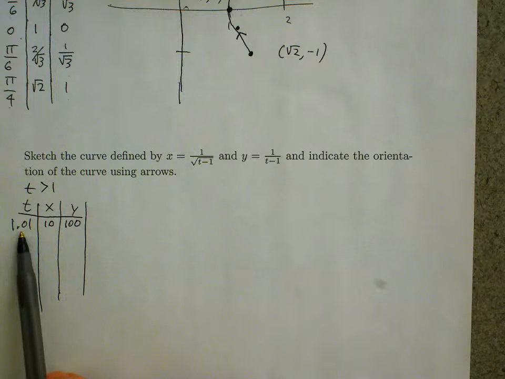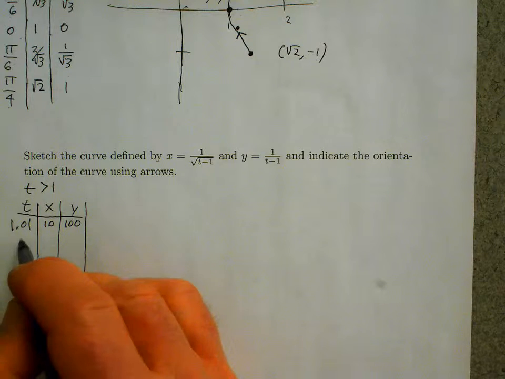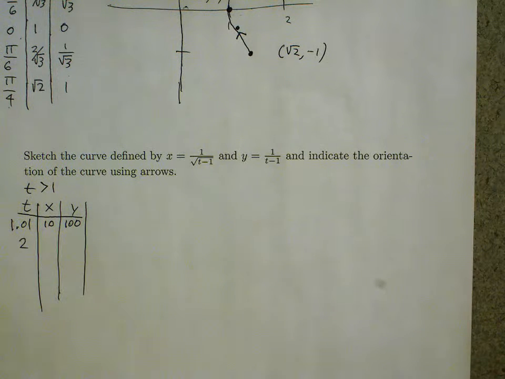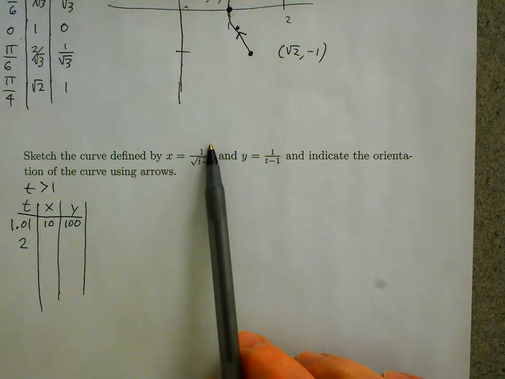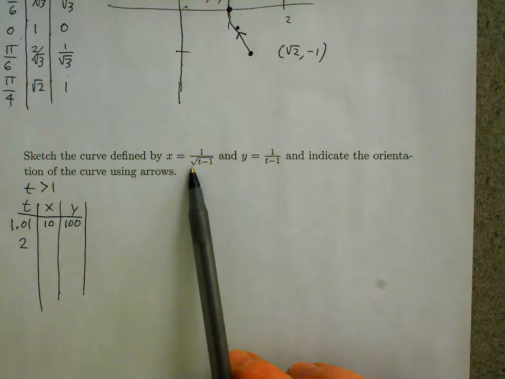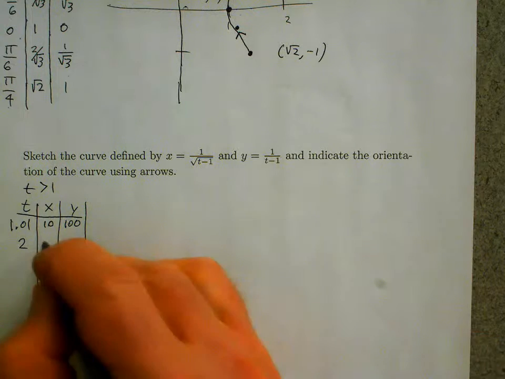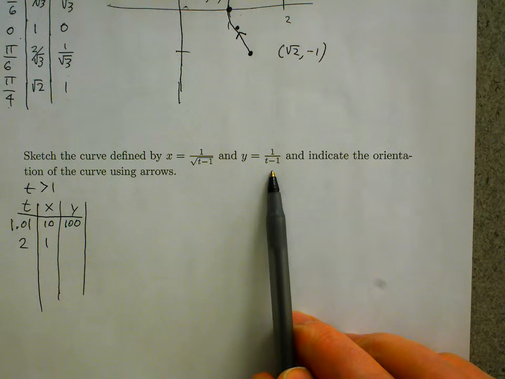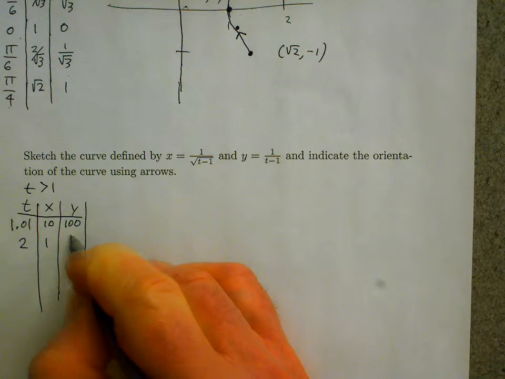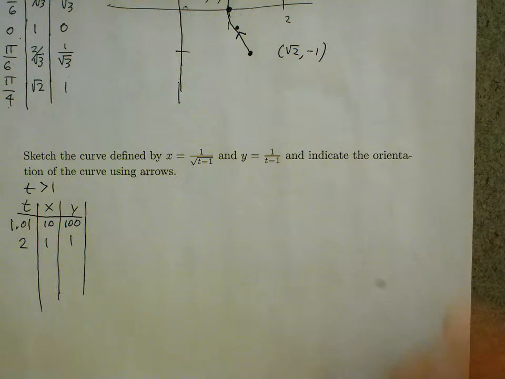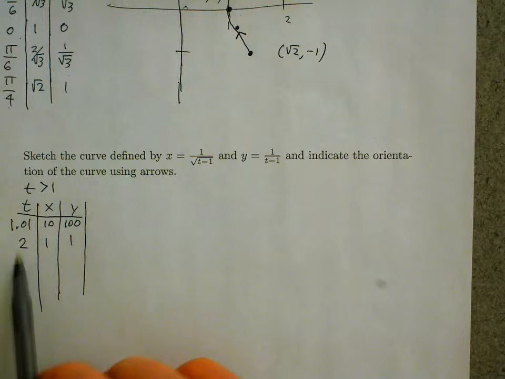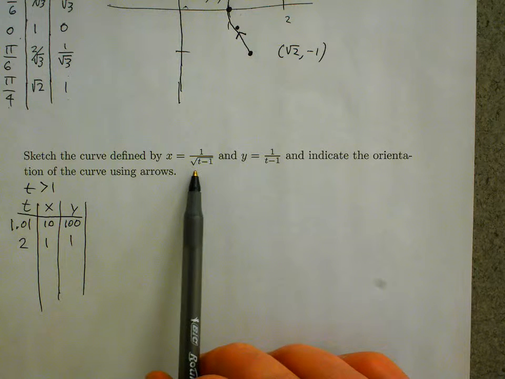Yeah, we can get closer to 1 than 1.01, but I'm going to pick larger values for t. Let's pick t to be 2. So the x coordinate is 1 over the square root of 2 minus 1, or 1 over the square root of 1, or 1. And the y coordinate is 1 over 2 minus 1, which is also 1. And let's pick some other convenient values of t so that we can easily find square roots.